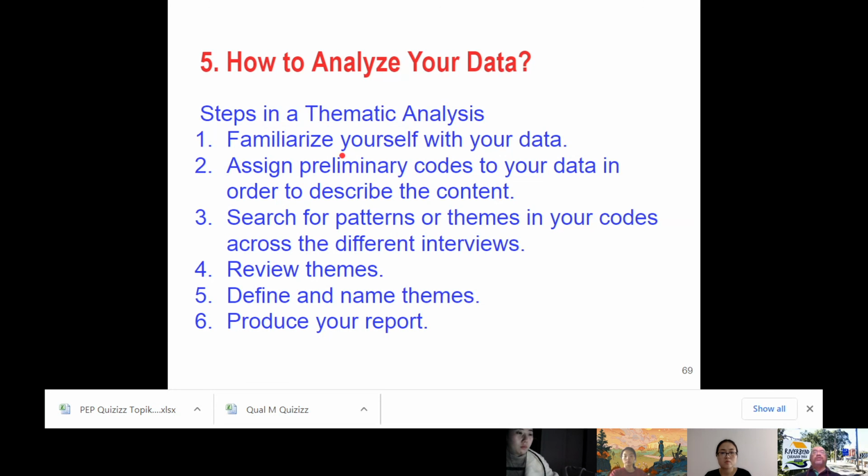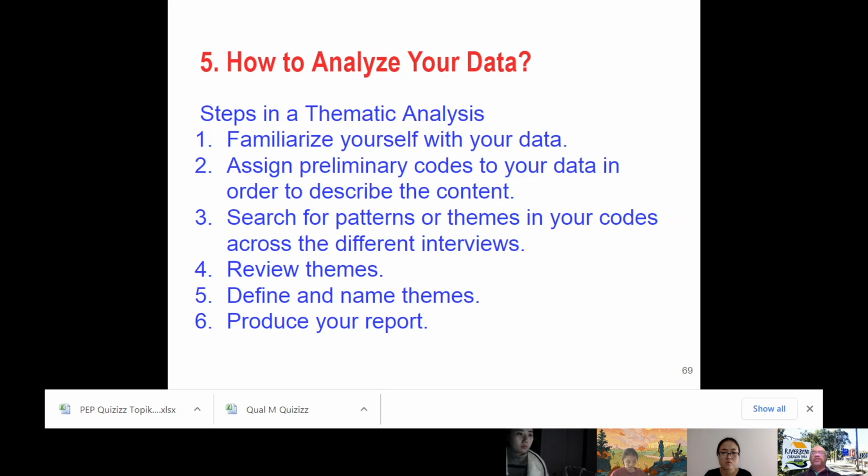First is to familiarize yourself with your data. Make yourself familiar. For example, you have interviewed the person, you write it down, and then you read your transcript.